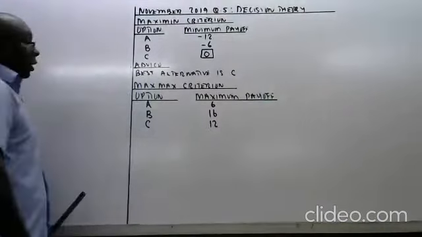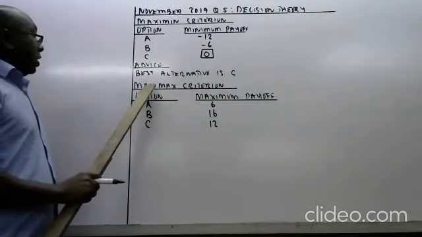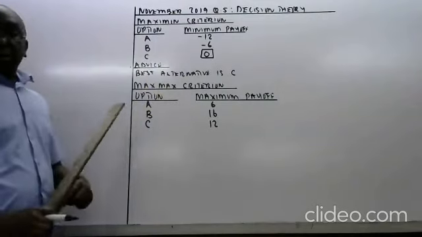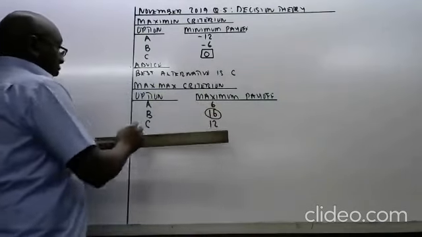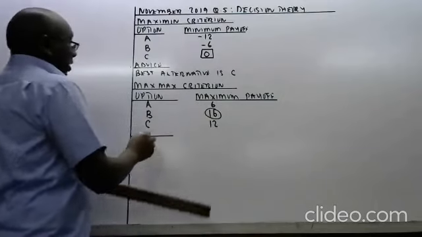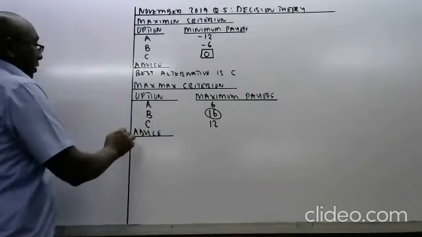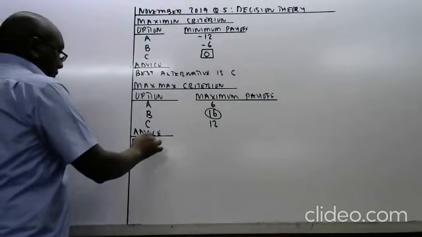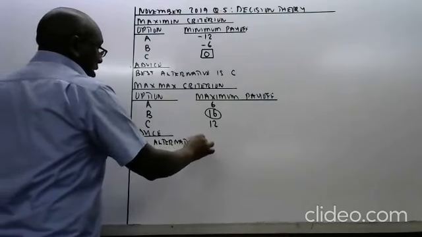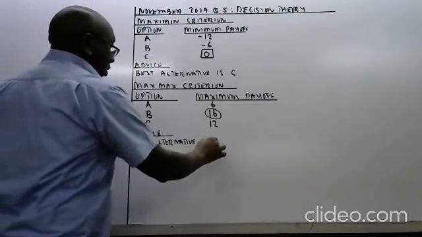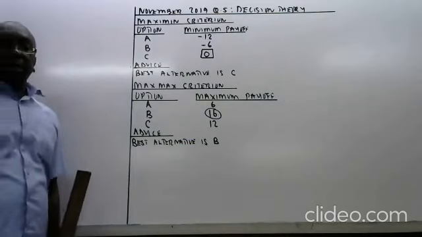According to this, you are supposed to take the maximum of the maximums, which is 16. So the advice is that the best alternative is B.